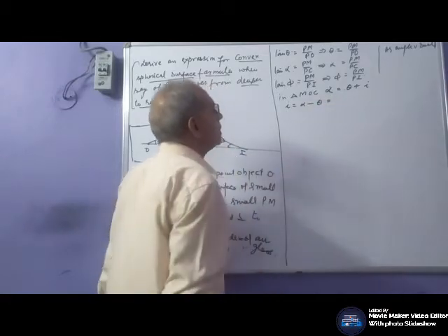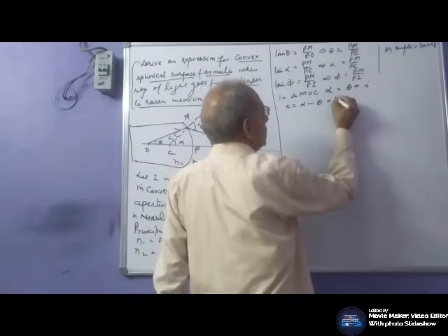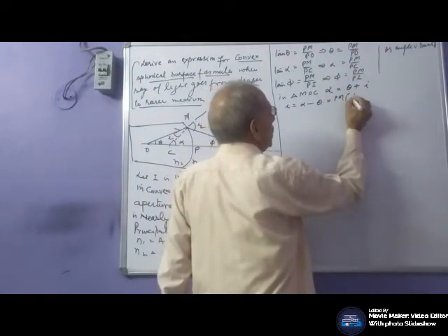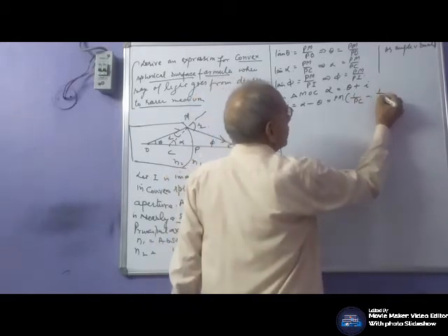Alpha is PM times 1 by PC, minus theta, PM times 1 by PO.